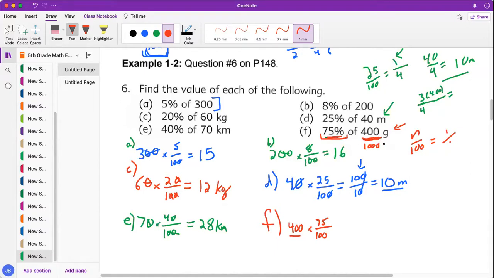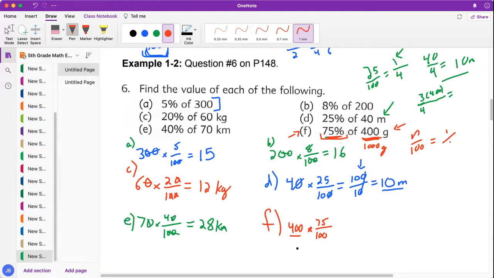So if they said there were 1,000 grams of something, and we need to know what percent 400 is of the 1,000, then we can put it over 1,000. But for these ones, we want to just keep it simple. It says 75% of 400, so we can do 400 times 75 over 100.